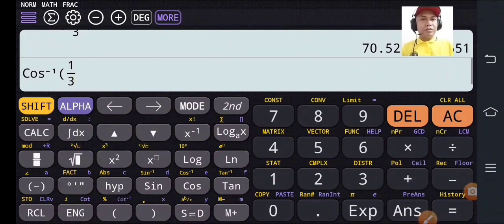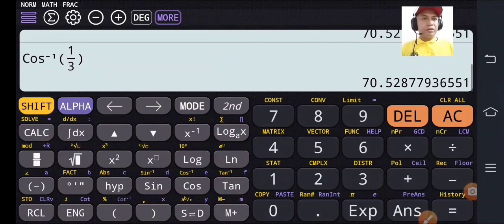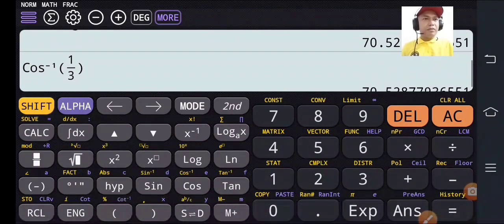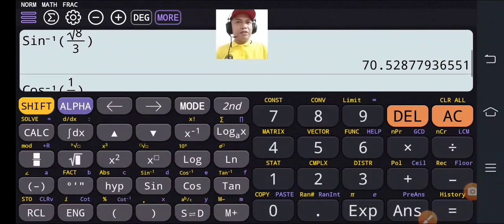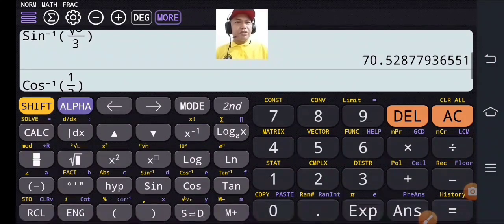The result is still the same. So for sine inverse square root of 8 over 3, the result is 70.52, and that is the same with cosine inverse 1 over 3.